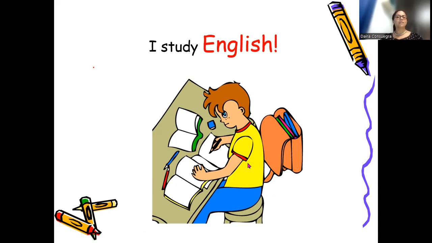What happens if it's third person? Tercera persona, okay? We will say she. No, in this case, he. Let's say he. Because it's a he. He study. Oh, yeah, but what happens when the verb ends in Y? Ah, okay. I have to add ES.